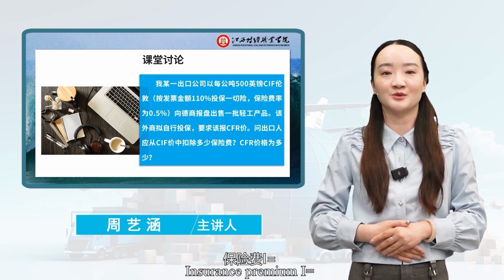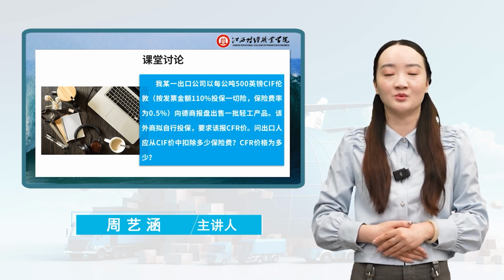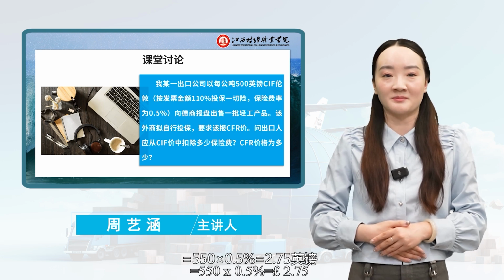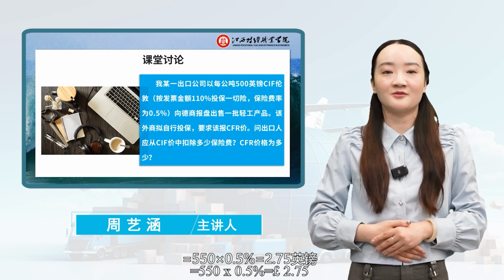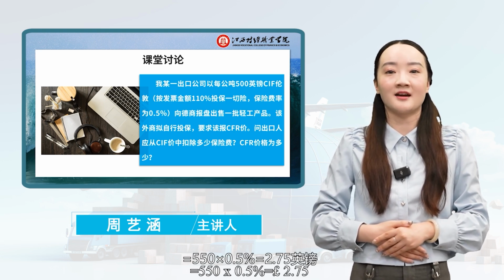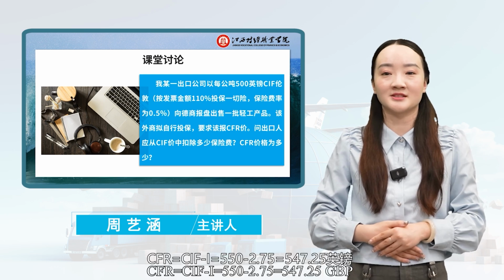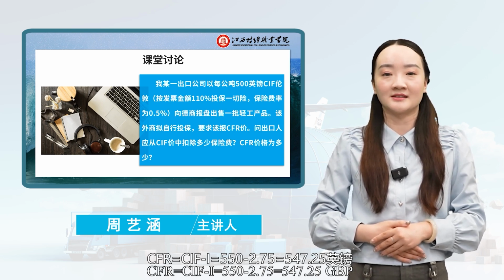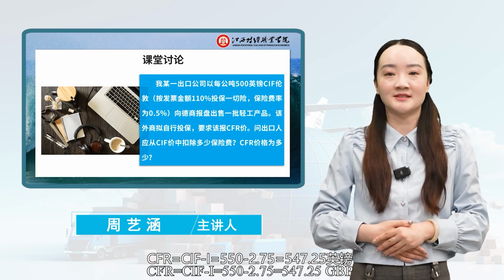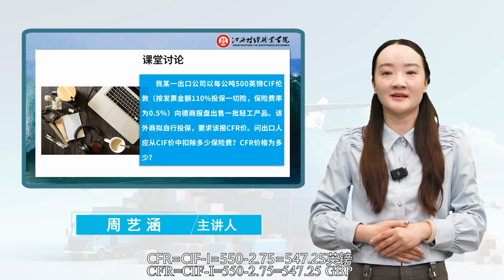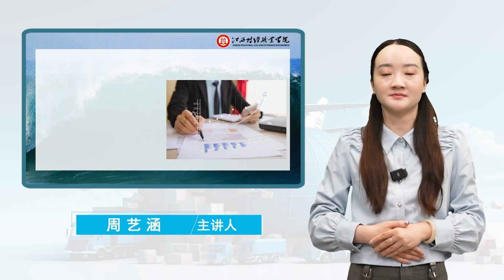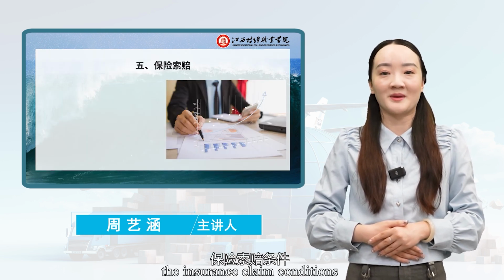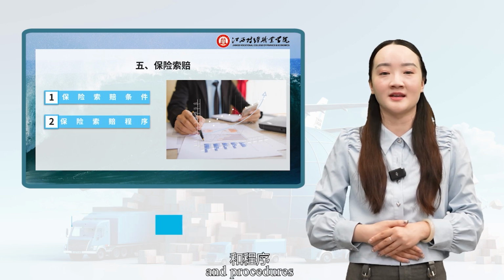Insurance premium first equal insurance amount multiply insurance rate, equal 515 multiply 0.5%, equal 2.75 pounds. CFR equals CIF minus premium, first equal 515 minus 2.75, equal 547.25 pounds.